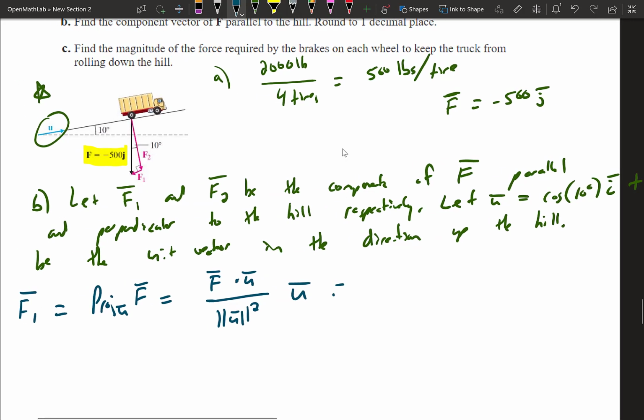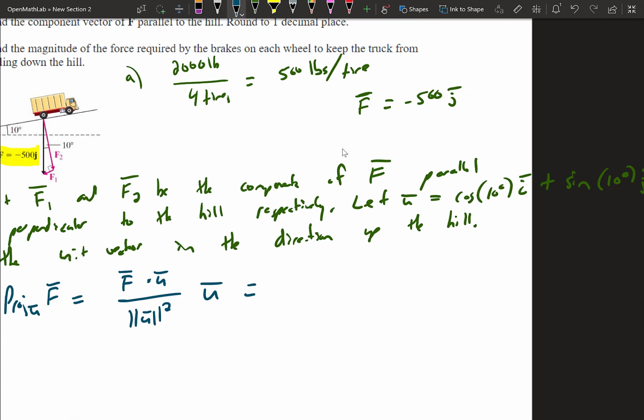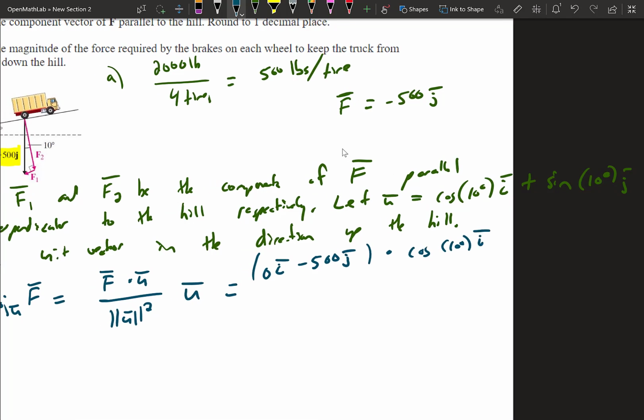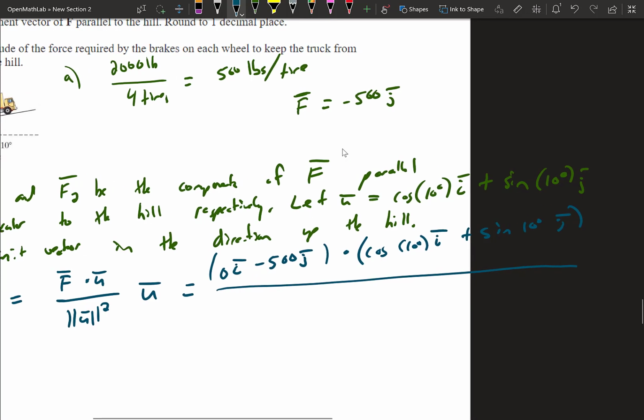Plugging this in, we get 0i minus 500j dot cosine of 10 degrees times vector i plus sine of 10 degrees times vector j, all over the modulus of u squared.